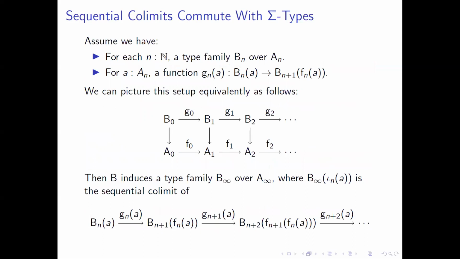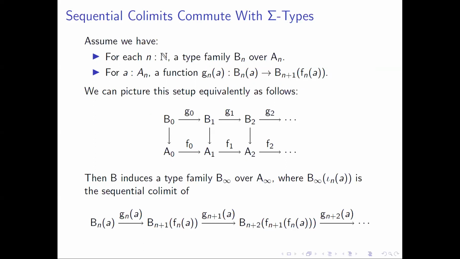Another way that we can form a colimit out of all of these pieces is if we fix a point a in An, then we can form a diagram like this at the very bottom of the page, where we start with the fiber of Bn over a, that's the first type, or the 0th type in the chain, and then we have the fiber of Bn+1 over Fn a, and so on.